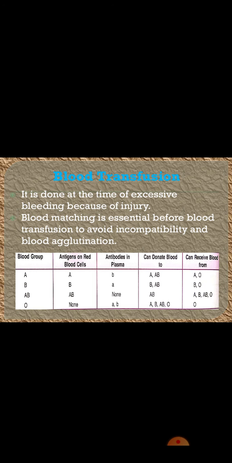Either the antibodies of the recipient's blood destroy the RBCs of the donor blood, or the antibodies of the donor's blood hemolyze the RBCs of the recipient blood. In case small quantities of blood are introduced, the blood transfusion is successful only if the plasma of the recipient blood doesn't contain antibodies against the donor's antigen, or the donor's blood has no antigen.